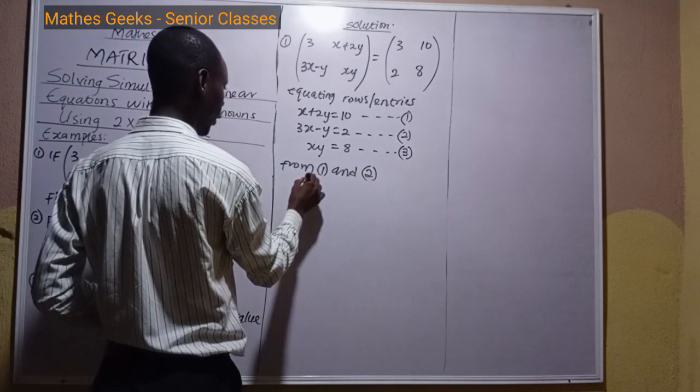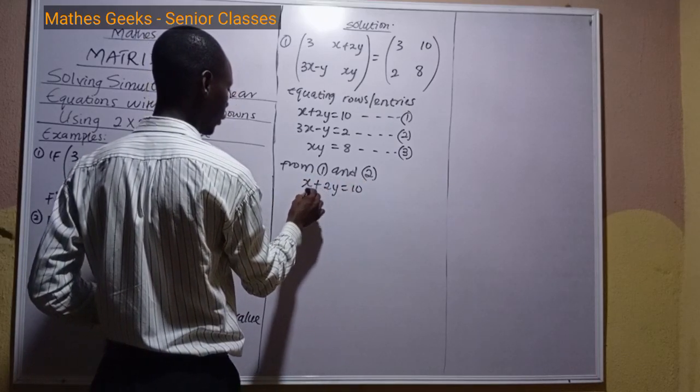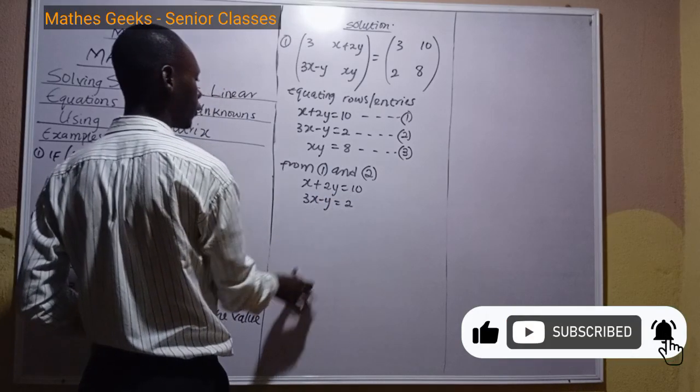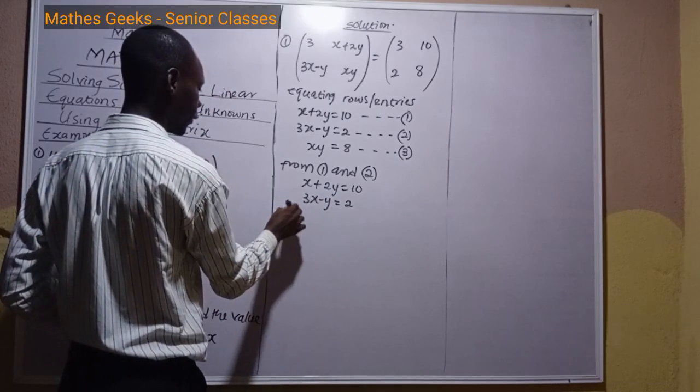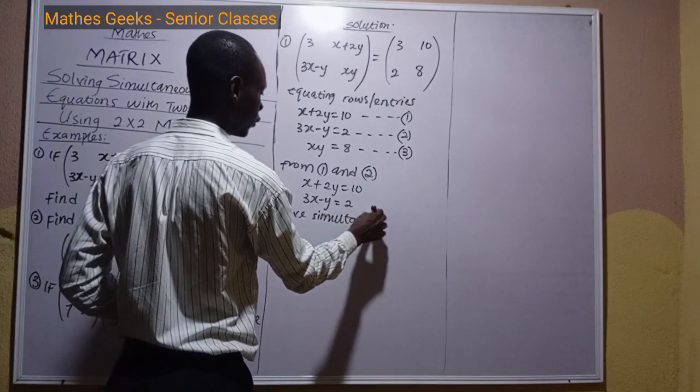From 1 and 2 we have x plus 2y equals 10, and 3x minus y is equal to 2.